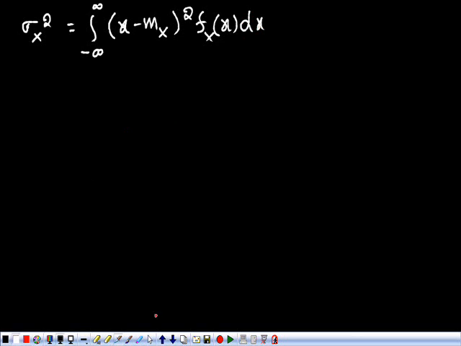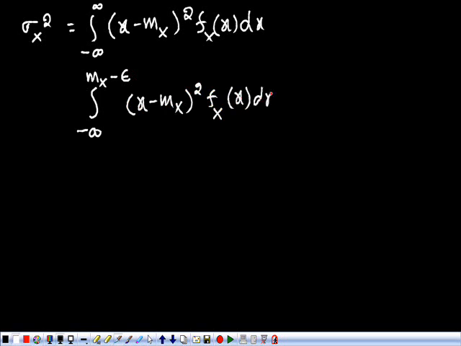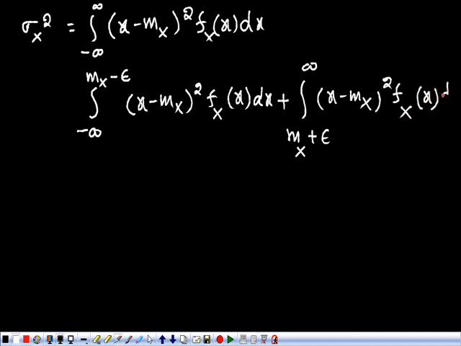Now I can write this as integral from minus infinity to mx minus epsilon of x minus mx whole square fx of x dx, plus integral from mx plus epsilon to infinity of x minus mx whole square fx of x dx.